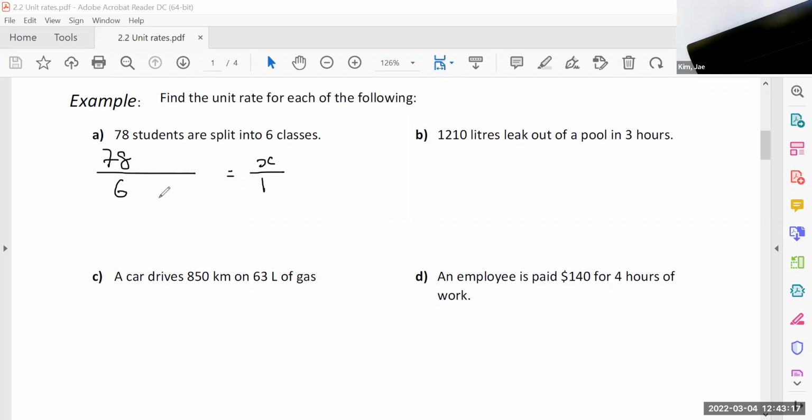So all you have to do is 78 divided by 6. So x, therefore, equals 13. So there are 13 students per class is the unit rate.